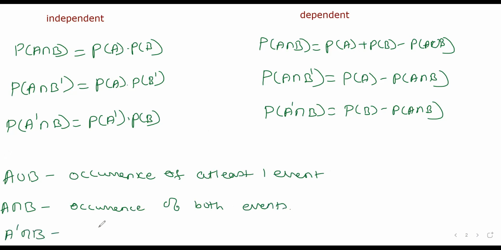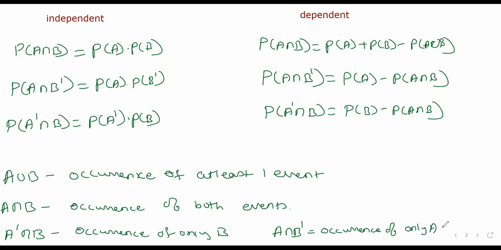A complement intersection B, occurrence of only B. A intersection B complement, occurrence of only A. Yes, we should remember this.